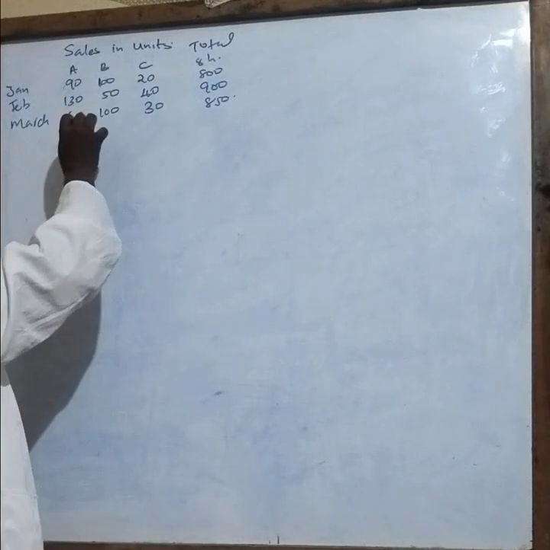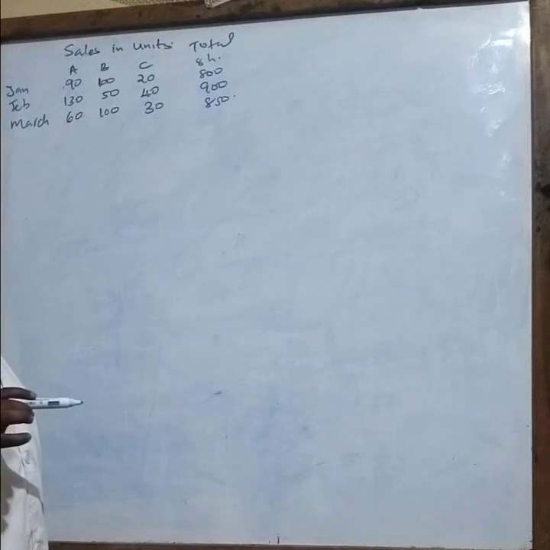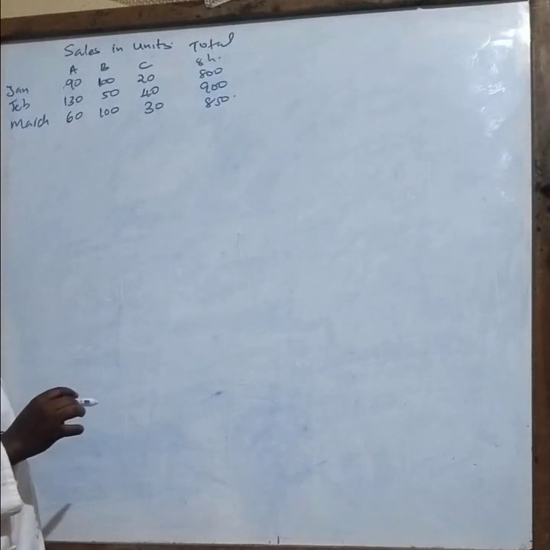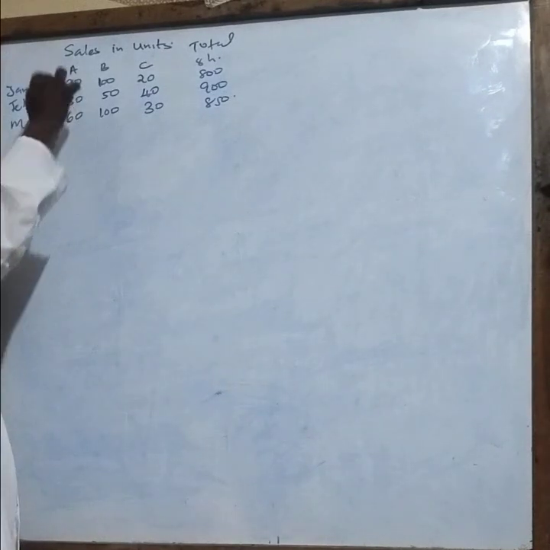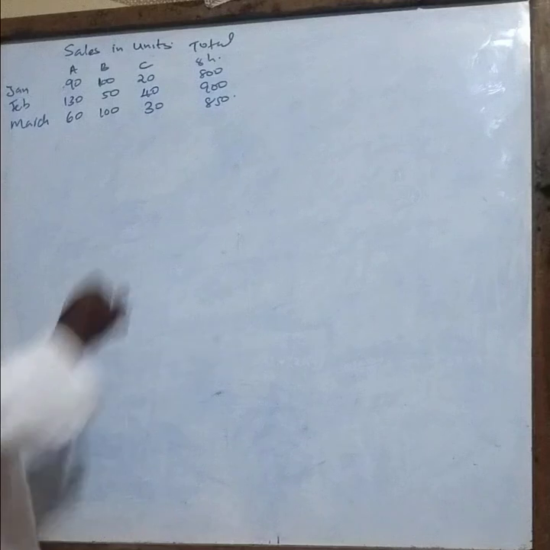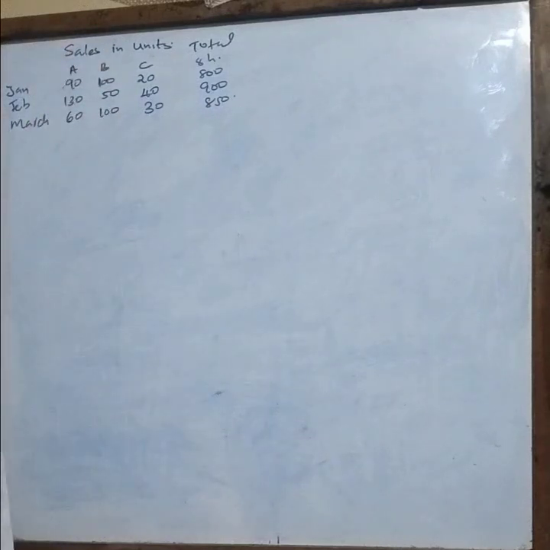Then in March, there were 60 units of A sold, 100 units of B, and 30 units of C. Total 850. Therefore, we don't know the commission for product A, product B, and product C.